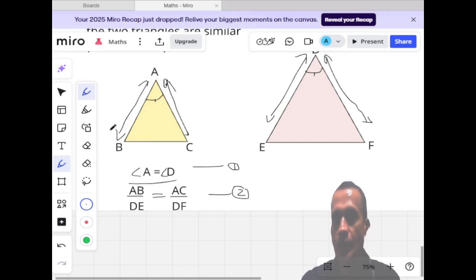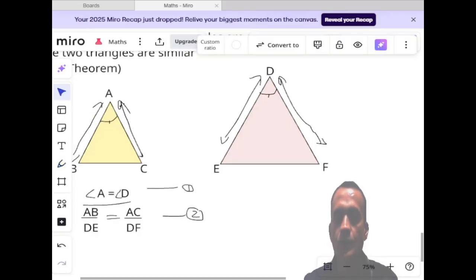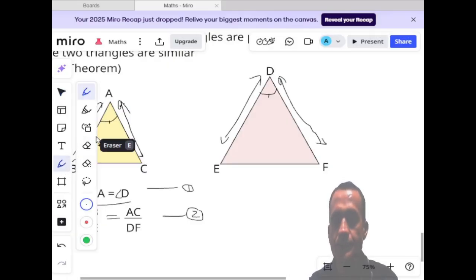So we know that two triangles are similar if their angles are equal and their sides are proportional. So to solve this, we do a construction.